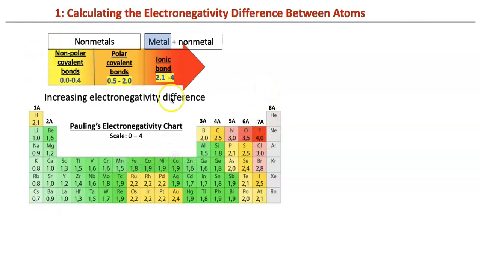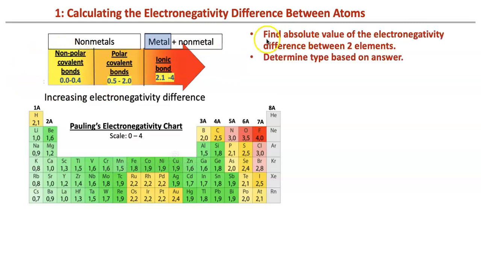So I need you to memorize this: anytime you have 2 elements whose electronegativity difference, absolute value of it, is anywhere from 0 to 0.4, then you form a non-polar covalent bond. And then you form a polar covalent bond when your electronegativity difference falls between 0.5 and 2.